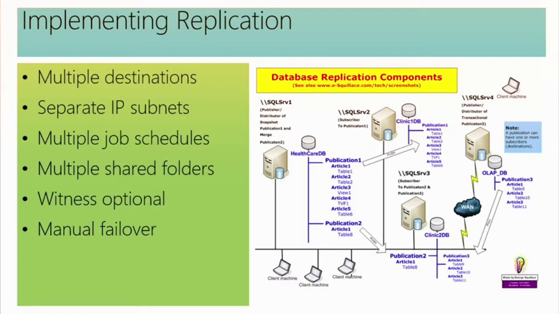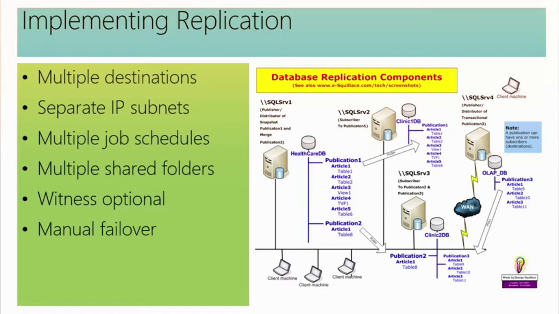If you can point to a different IP address or change the connection string of the application, that would dictate in part how you would perform failover. So there are shared folders where replicated updates are stored. The distributor will pick them up there and then move them along. Lots and lots of moving parts here.